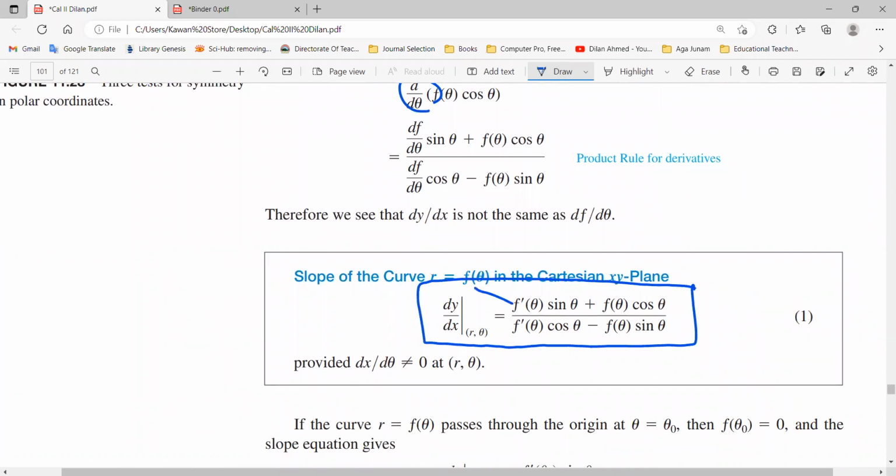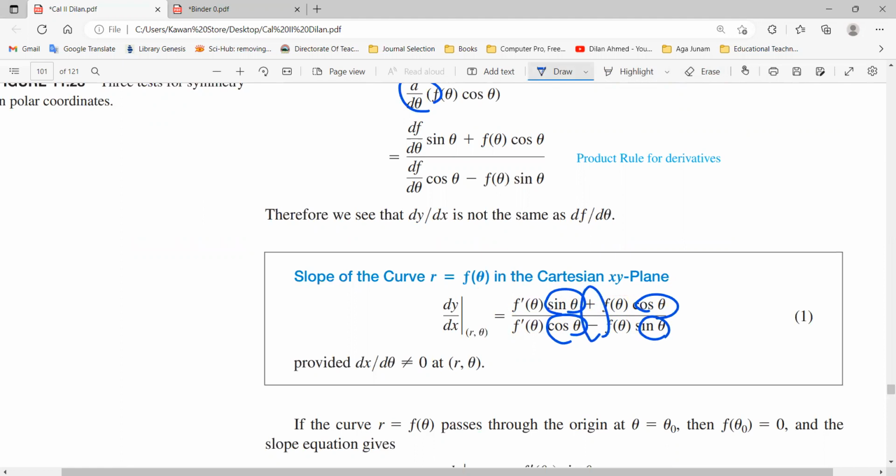f prime sine theta plus f cosine theta, over f prime cosine theta minus f sine theta. So we have two different things. Let me highlight it for you to recognize the difference here: the positive and negative, and sine and cosine change.